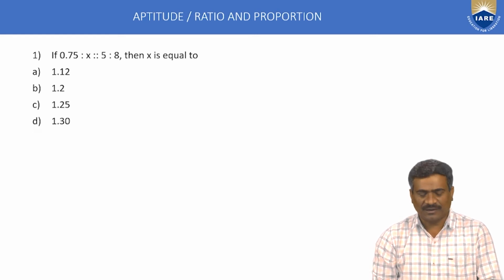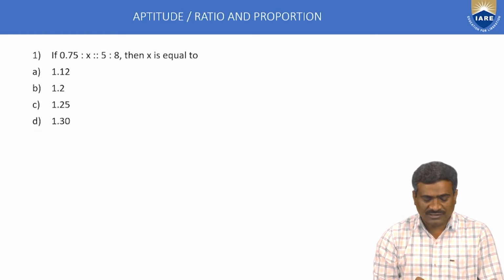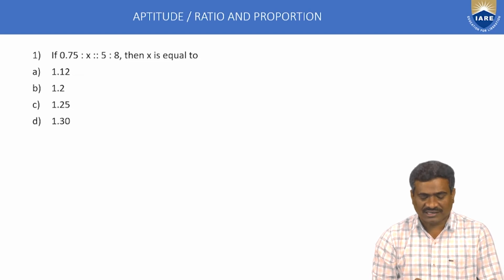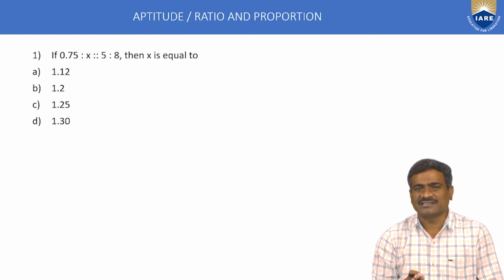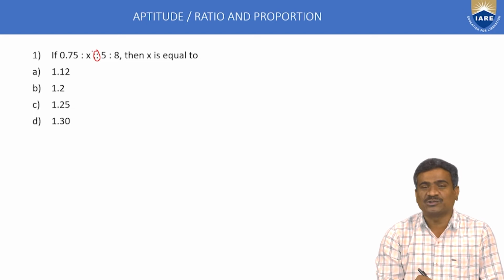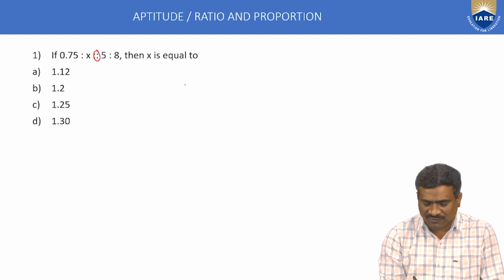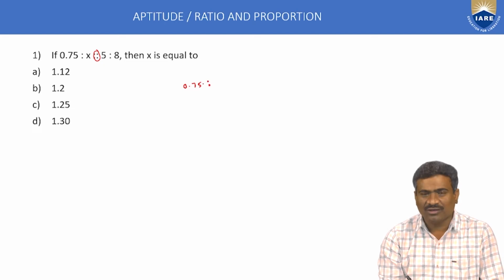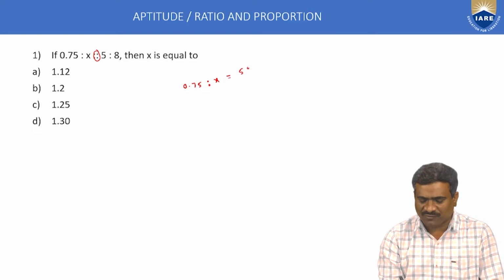First example: if 0.75 is to x as 5 is to 8, then x is equal to what? The 4 dots indicate proportion. Proportion definition: equality of ratios, or product of extremes is equal to product of means.